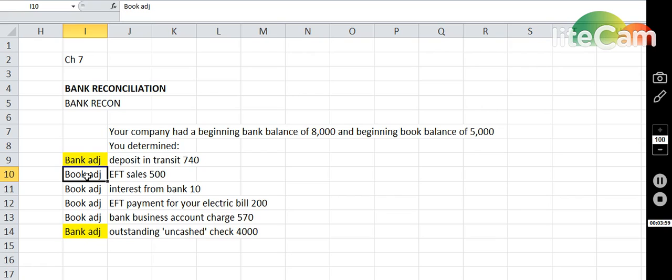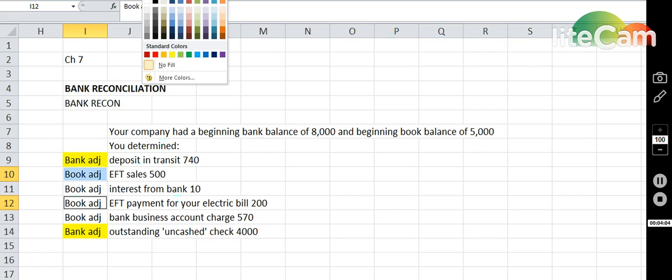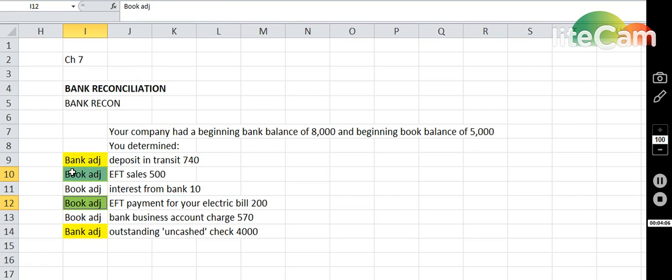So these will always be adjustments we need to do on our book side. And then interest that the bank pays us, any money the bank gives us, or any money that the bank takes away from us, just like our electronic payments, these will always be book adjustments.